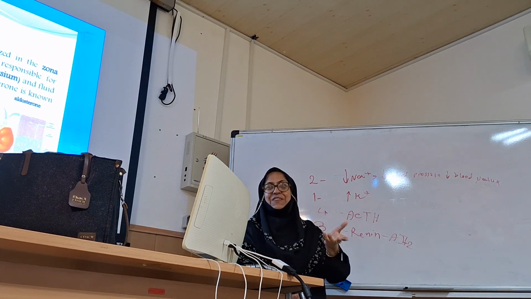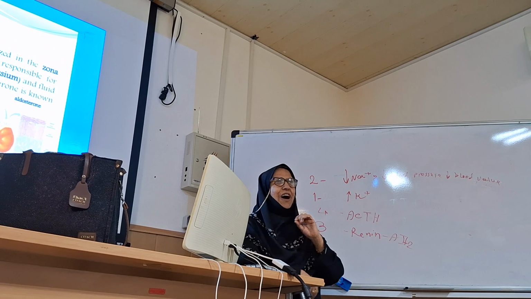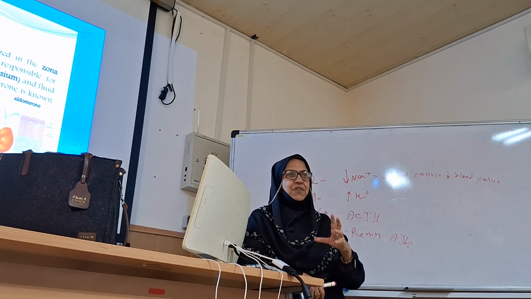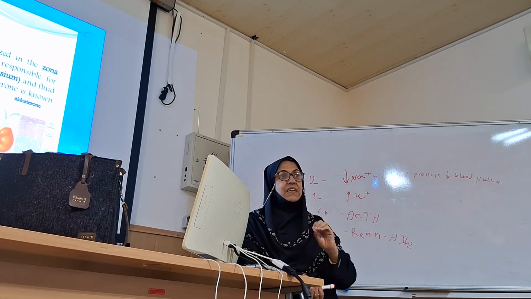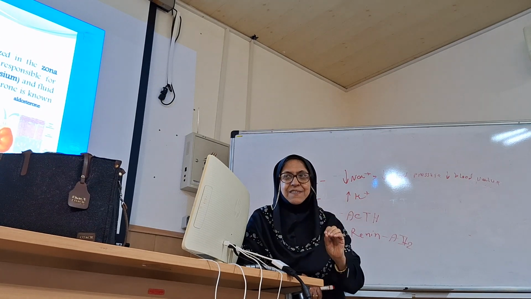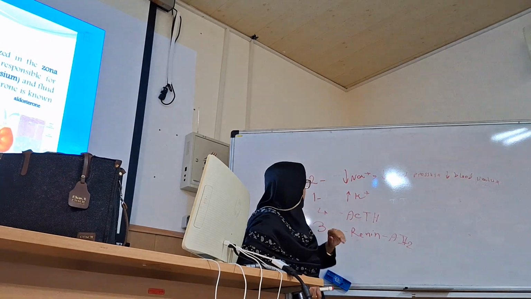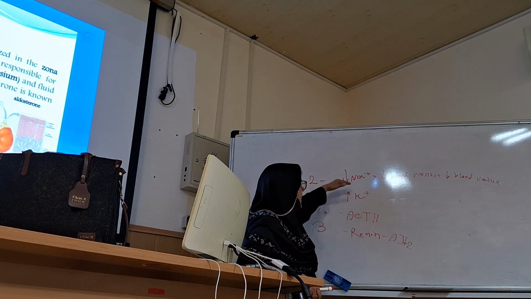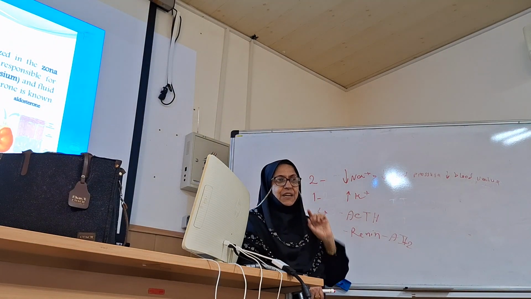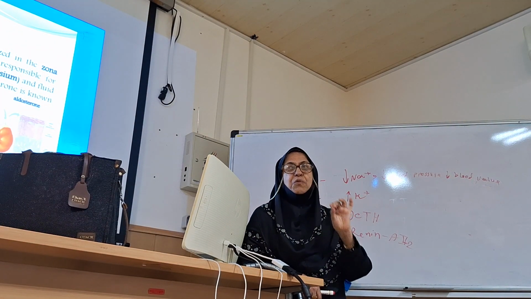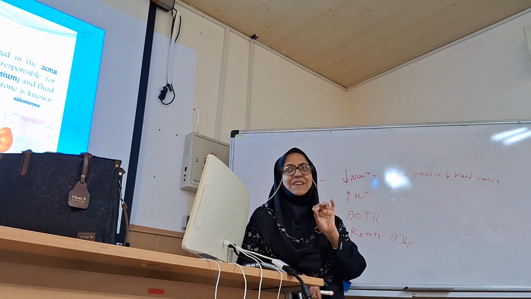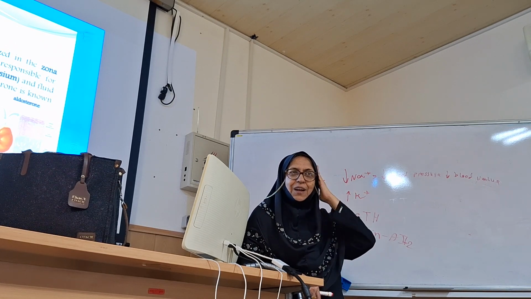Volume receptors and baroreceptors are located in our body in the heart and vessels. When we have a high level of potassium, therefore osmoreceptors activate. Osmoreceptors are located in the hypothalamus.